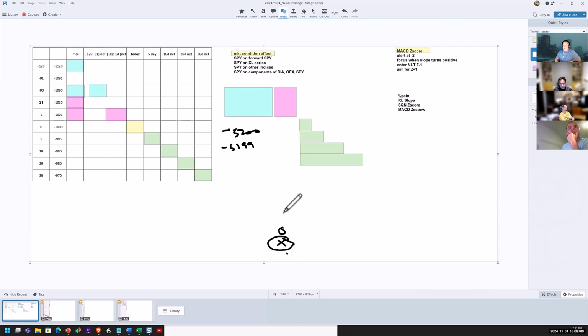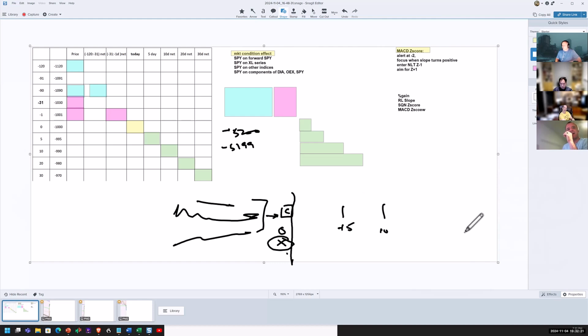So if today is the 0 day, and the market is in this condition, no matter what back performance created that specified condition, where is it 5 days from now, 10 days from now, 20 days from now, and 30 days from now?